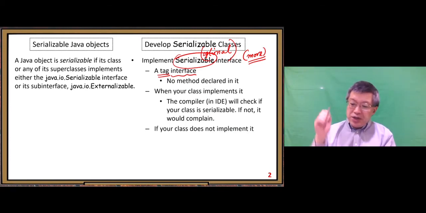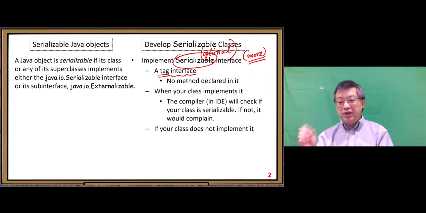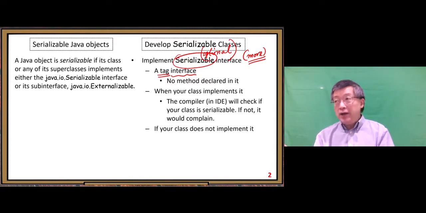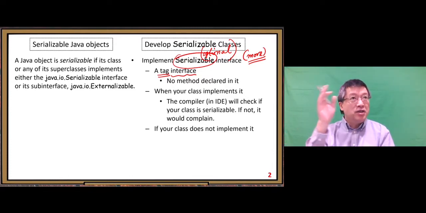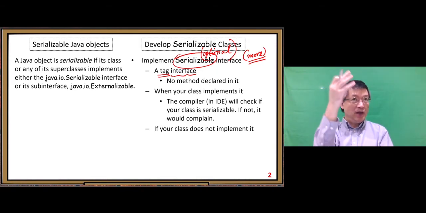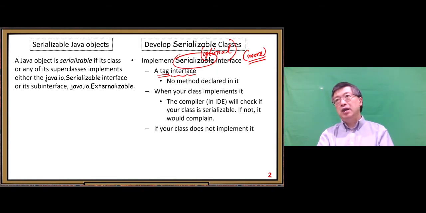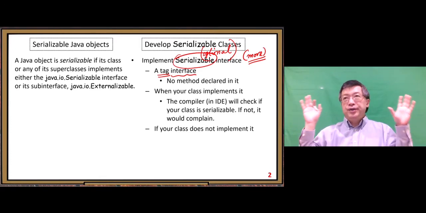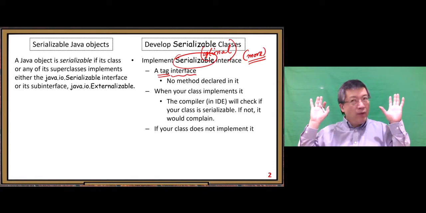If your class does not implement the Serializable interface, what will happen? The compiler does not do the check. The compiler cannot see the Serializable tag. So the compiler assumes you do not want your class to be serializable.